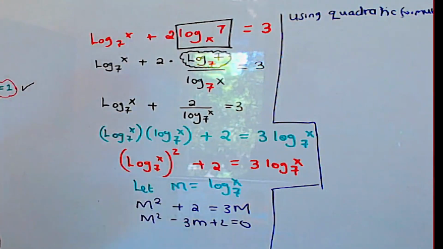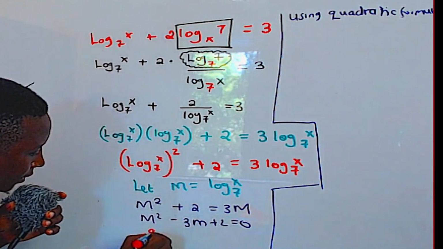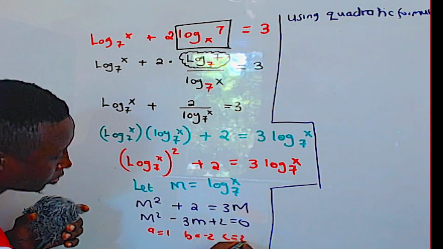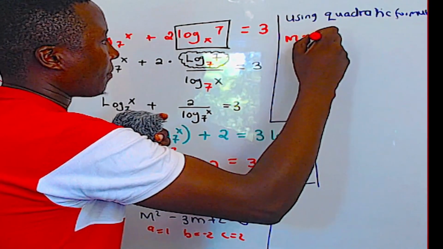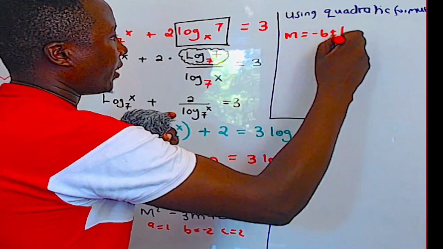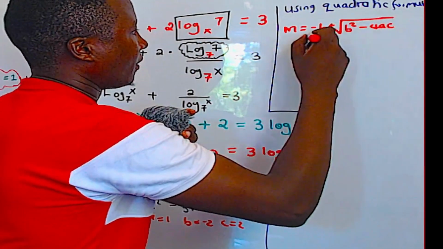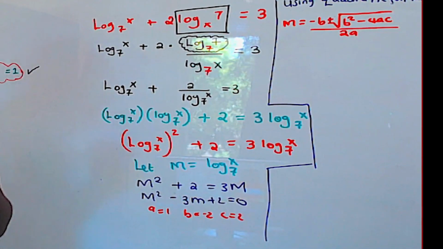So applying the quadratic formula at this point, we have a equals 1, b equals -2, c equals 2. So we are going to say our m equals minus b plus or minus square root of b squared minus 4ac divided by 2a. That is the quadratic formula we are going to use.